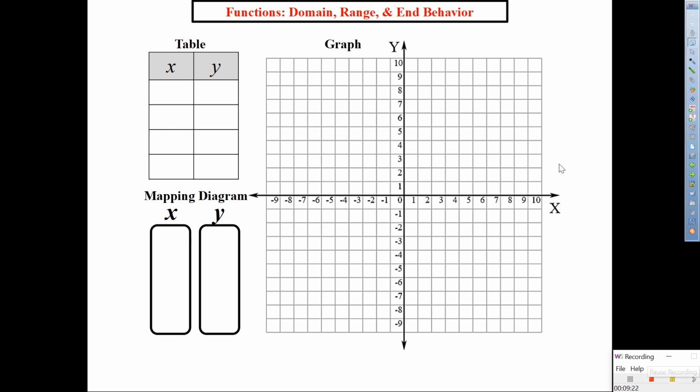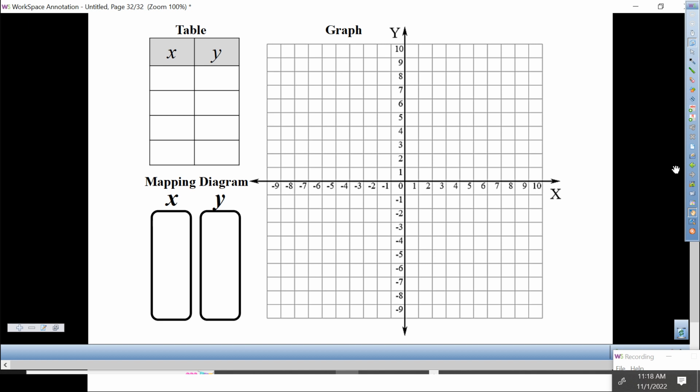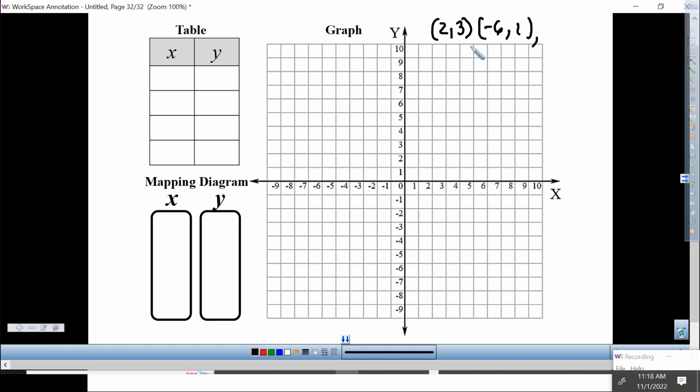All right. So we're going to represent a relation these 3 different ways. So a relation, we said, was a bunch of points together. My first point is 2, 3. The next one is -6. Give me a number. 1, okay. And give me one more point.